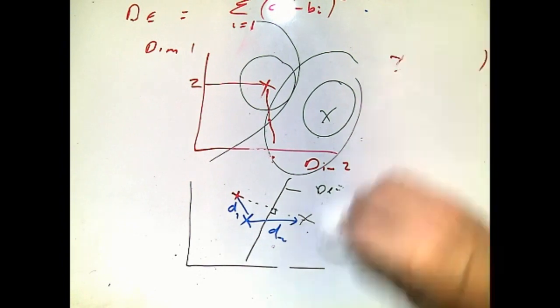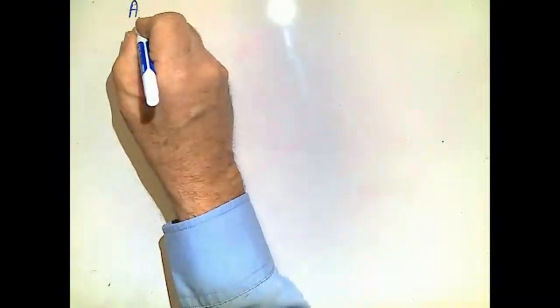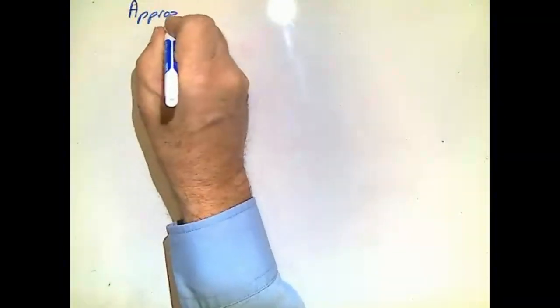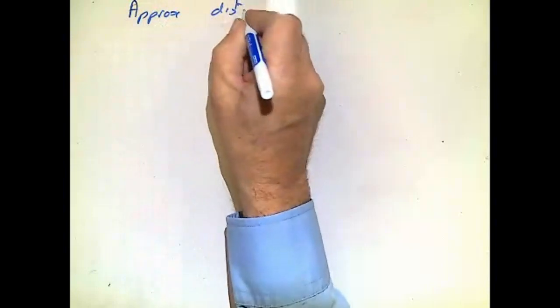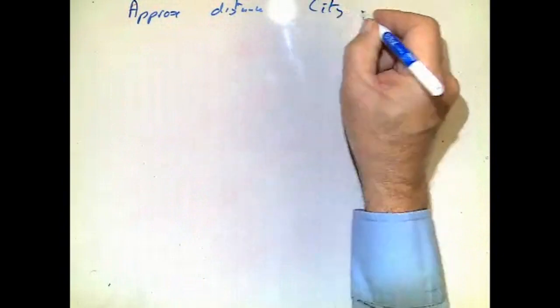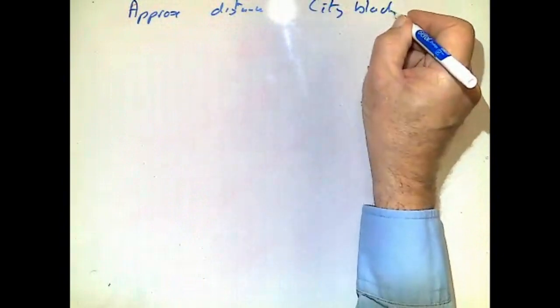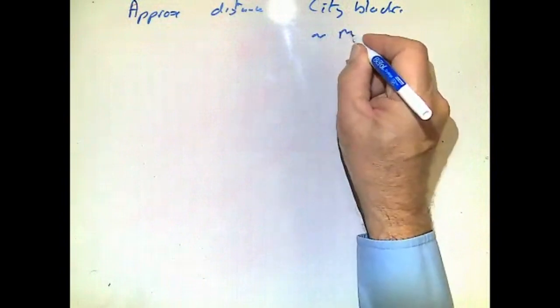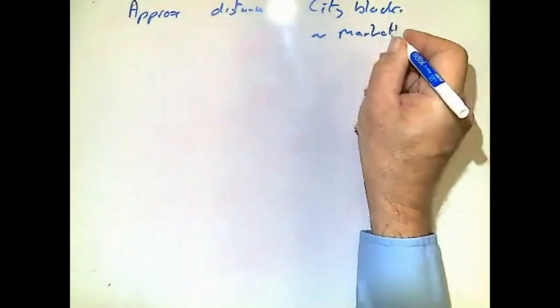So, next stage was to approximate the distance. And the approximate distance I gave you last week was the city block. And sometimes, if you're in America, it's called the Manhattan distance, presumably because it looks like the street patterns in New York.